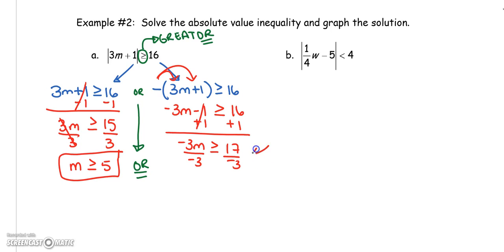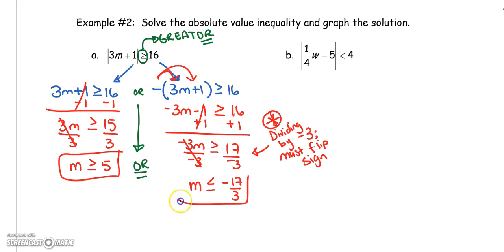Since I am dividing by a negative value, negative 3 in this case, I must flip the sign. I'm writing myself a note because this is a rule that has to be applied all the time. So m is going to be there, and the sign is now going to go from greater than or equal to, to less than or equal to negative 17 thirds. So that would be our final answer.